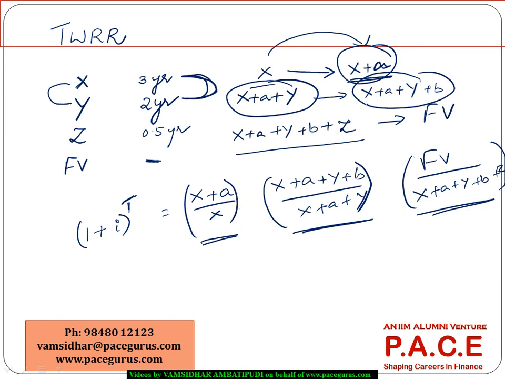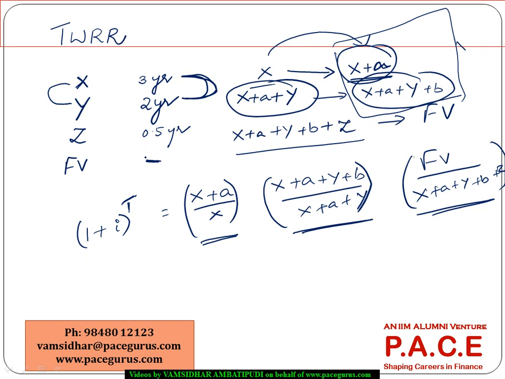What we have to observe here is, in the money weighted rate of return, we really did not require the value the fund has generated in the middle. We were only bothered about the cash flows which we have invested or pulled out. Whereas in the time weighted rate of return, we require the value of the fund at each of the periods before the new amount is being invested or existing amount being pulled out.